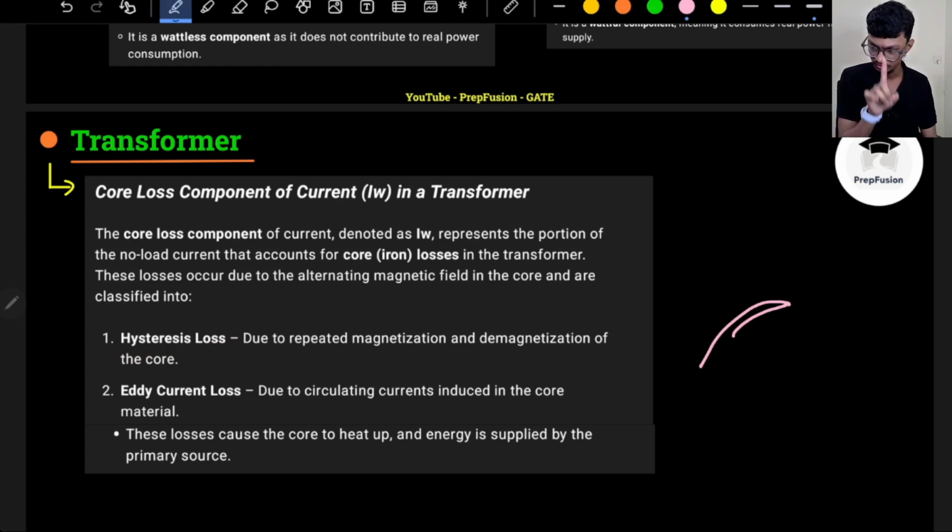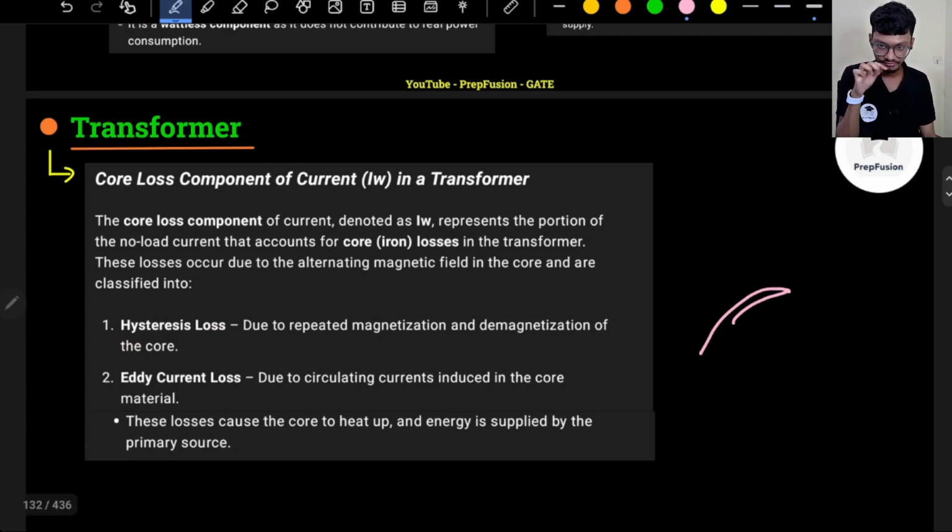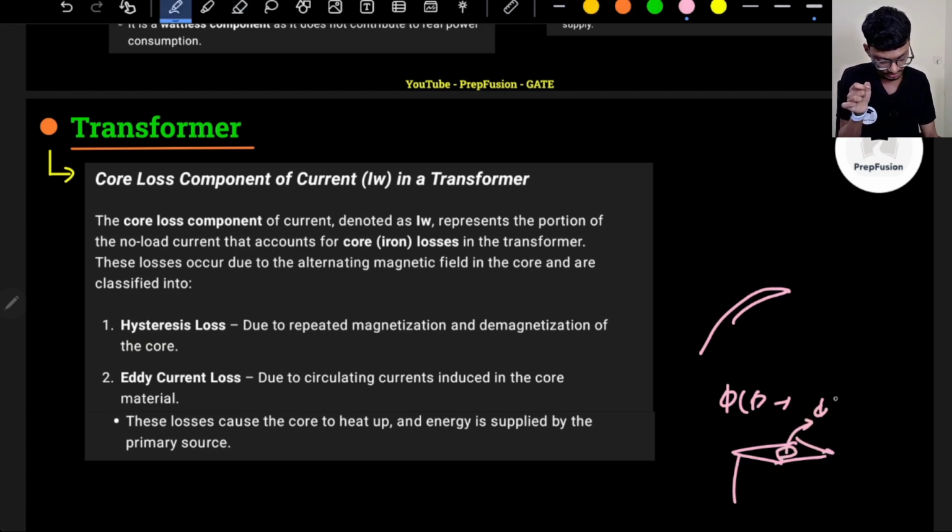What is hysteresis? We have discussed it very well, right? And whenever there is time varying flux in the core, what will happen inside the core itself, in a very small area if I choose, there is time varying flux phi(t). Due to this time varying flux, there will be d phi by dt, because it is not constant, so it will induce a voltage.